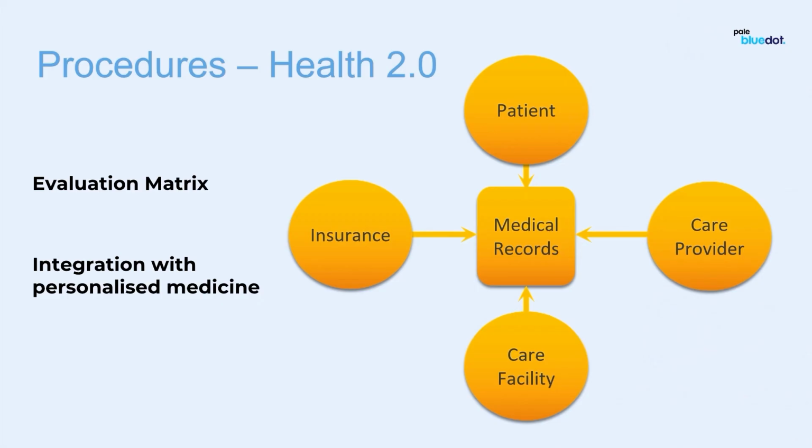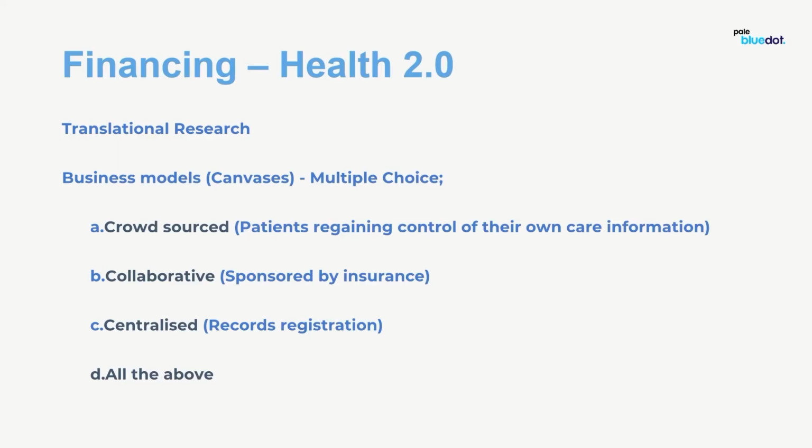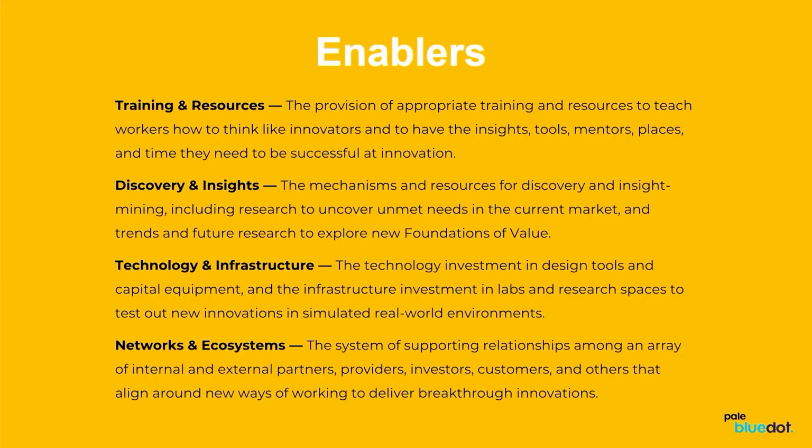And in healthcare, we're going to have to accept that with medical records, there are multiple agents who want to have access to these platforms, especially the hospitals, which are still getting the money. So we're looking at hybrid. We're looking at financing with crowdsourced and collaborative as well as centralized mechanisms.